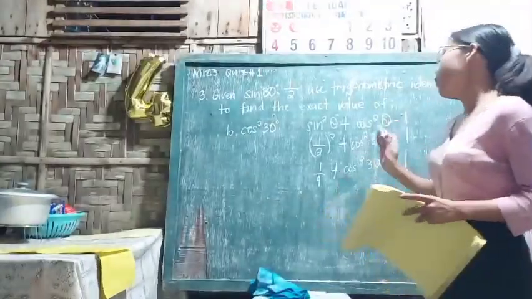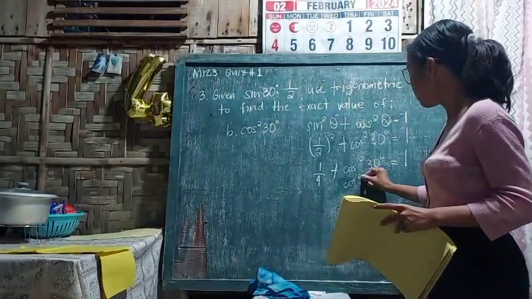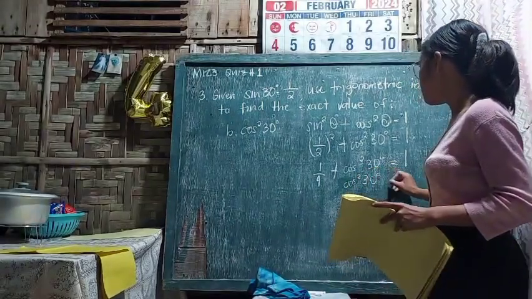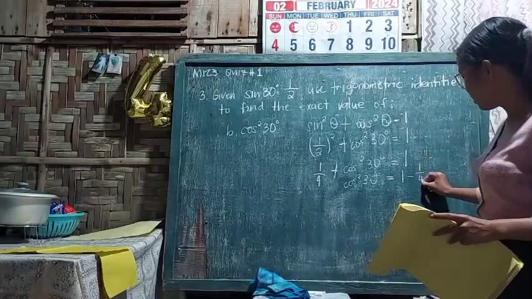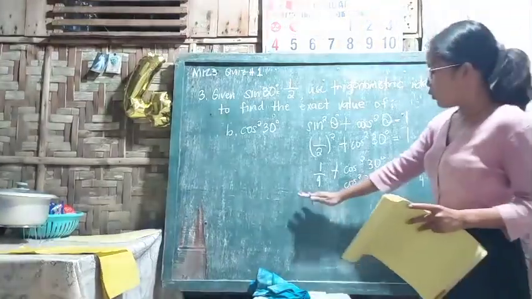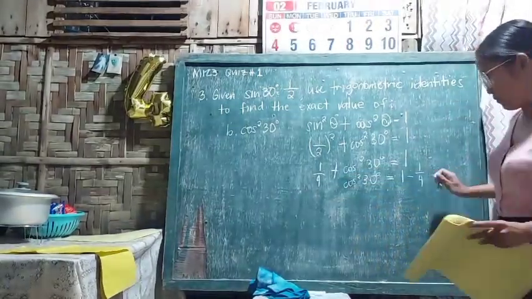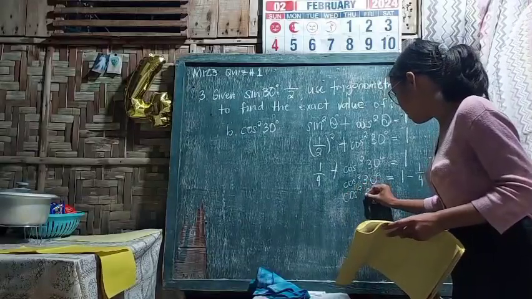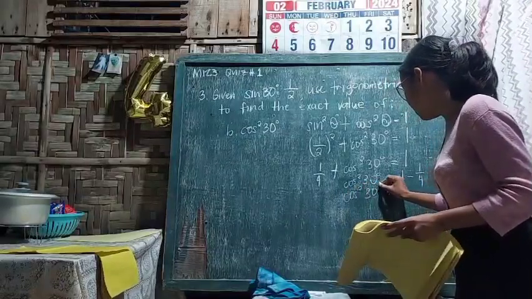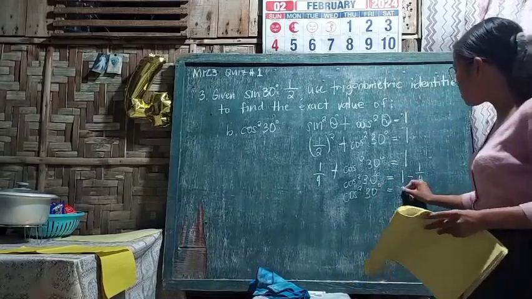So now we are going to group like terms. Cosine squared 30 degrees is equal to 1 minus 1/4. We moved 1/4 to the other side of our equality sign. Cosine squared 30 degrees is equal to 1 minus 1/4, which is 3/4.